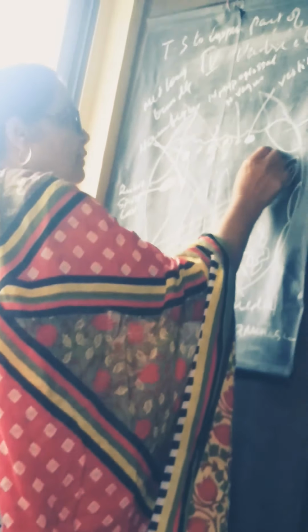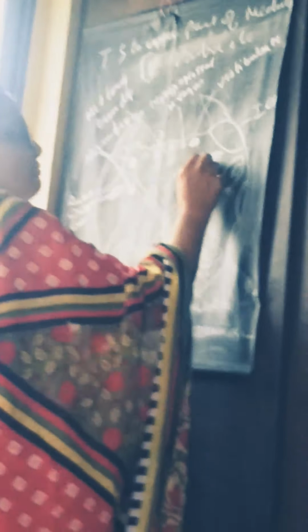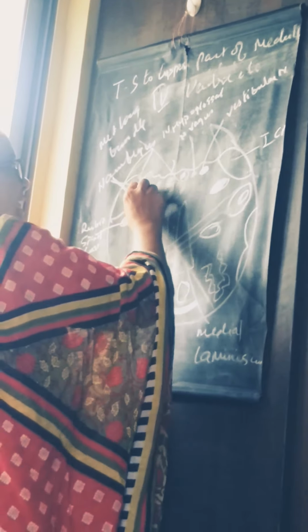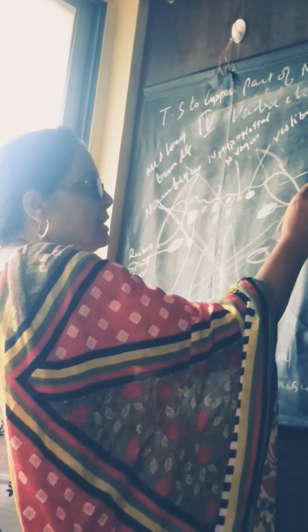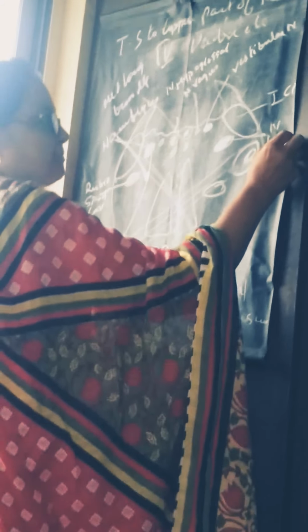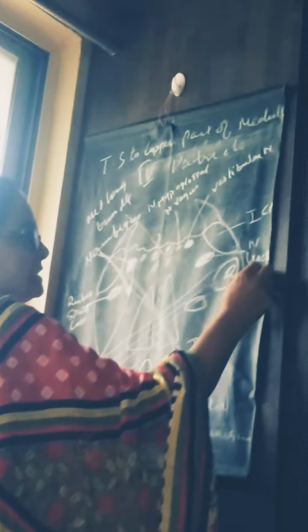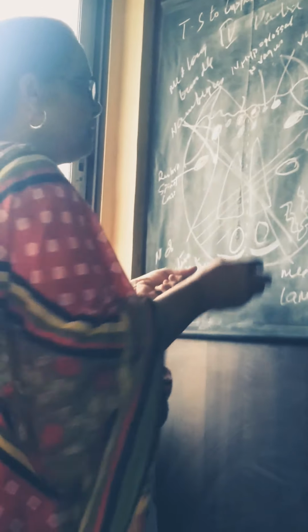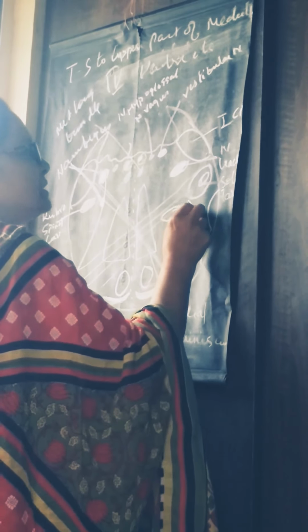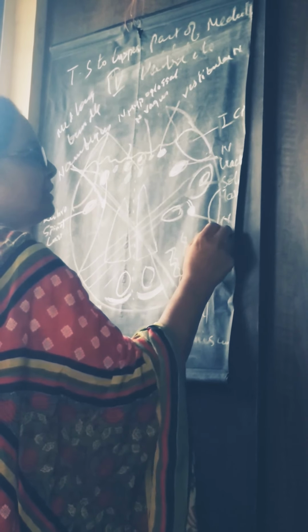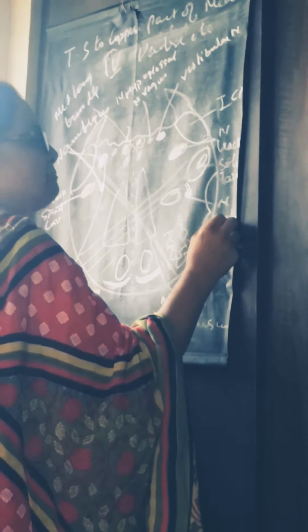Just near the inferior cerebellar peduncle, you have the nucleus of tractus solitarius, and here below you have the nucleus ambiguus.